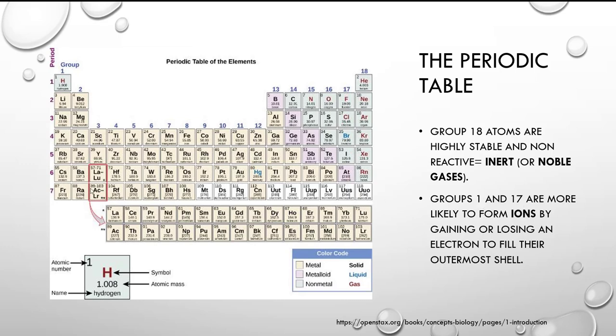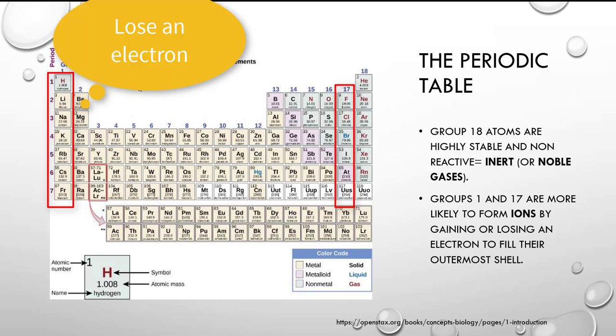Groups 1 and 17, this column and this column, are more likely to form ions. That means they are more likely to gain or lose an electron to fill their outermost shell. Again, lithium has filled its innermost shell with 2, but has just 1 electron in its outermost shell.